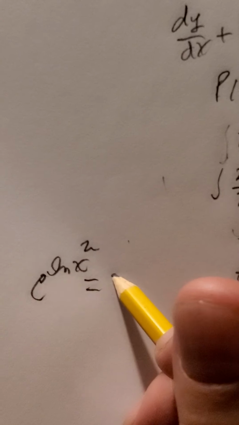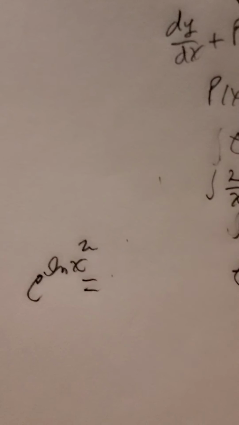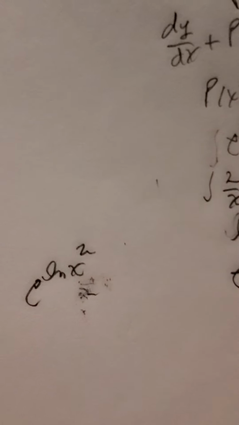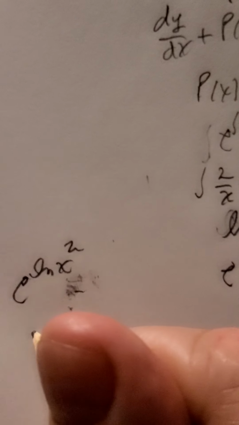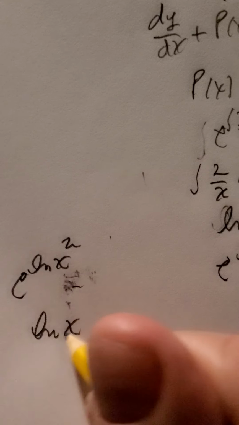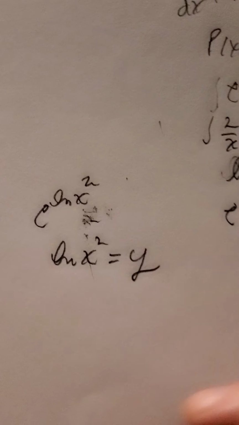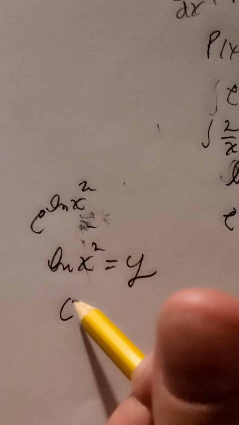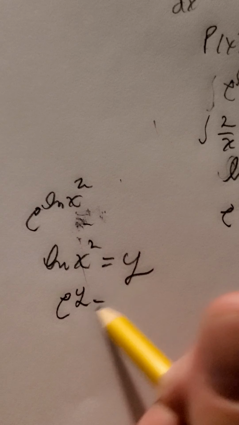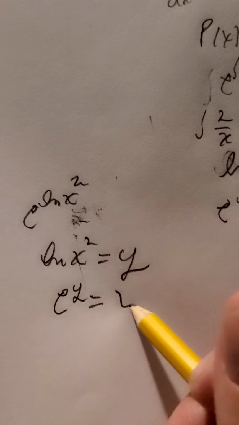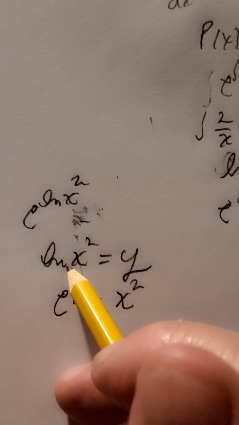If you have e to the natural logarithm of x squared, and you set this natural logarithm of x squared equal to y, then you're going to have e to the y equals x squared, because this is to the base e.